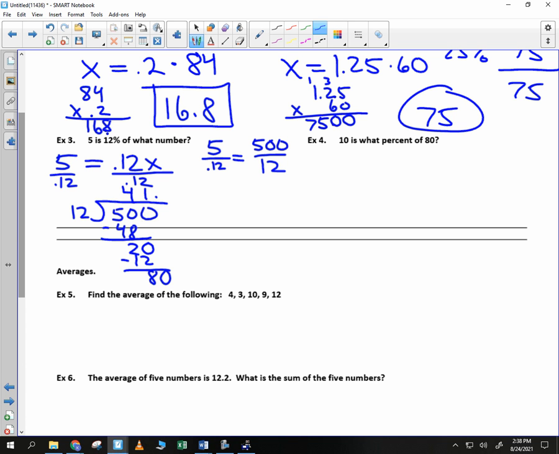What 0? So you continue to drop zeros as placeholders. Yep. 12 goes into 80 how many times? 6. Give me 72. And it repeats.